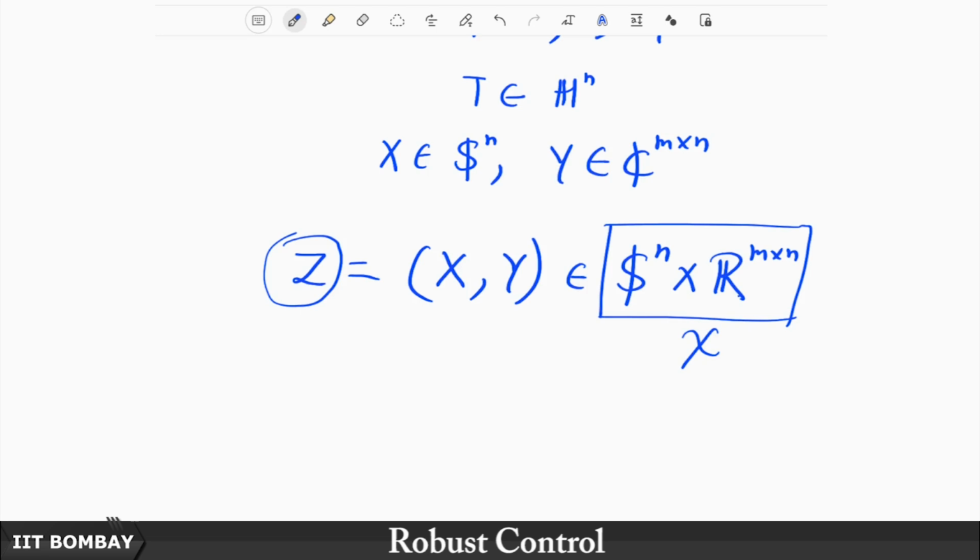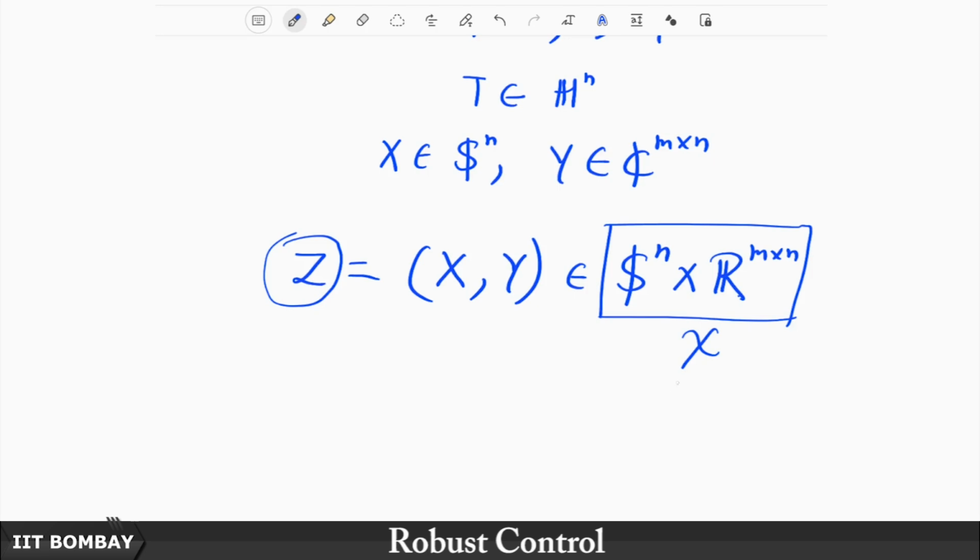So you have those smaller vector spaces S^n and R^{m×n} that constitute the Cartesian product, and you build up this so-called bigger, very loosely speaking, vector space, which is this chi or curly X in our case.